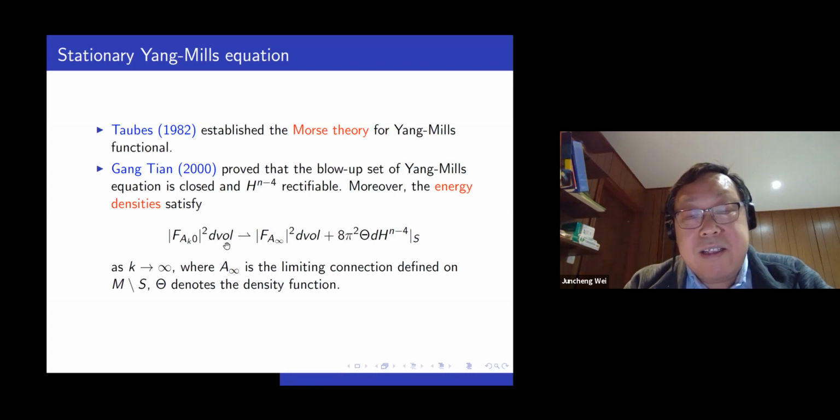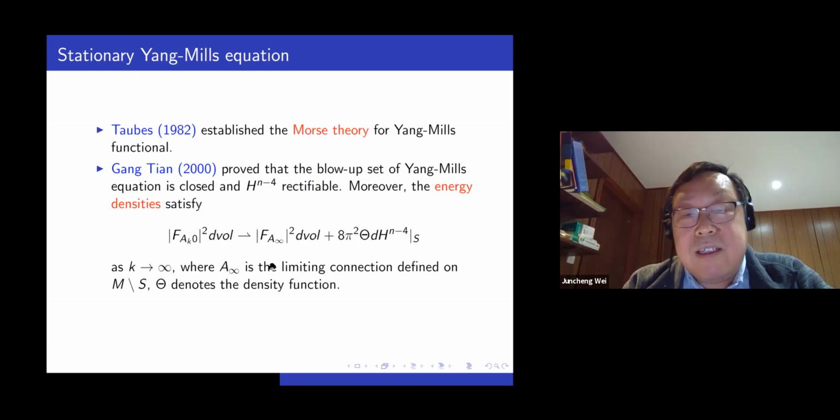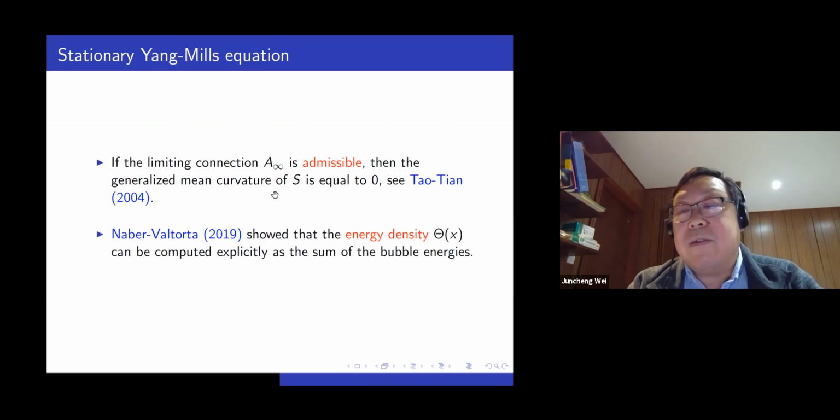Under some conditions on the limiting connection, Tao and Tian showed that the limit set, the rectifiable set, must have mean curvature equal to 0. So it is some kind of minimal surface of codimension 4.